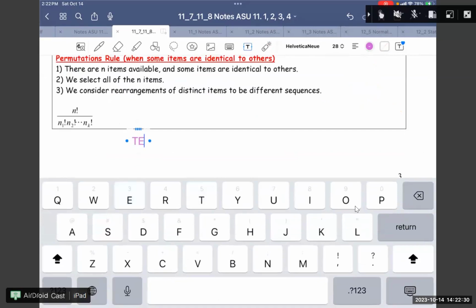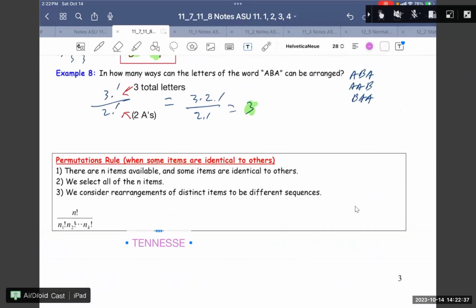Tennessee. So we have Tennessee, right? If it's Tennessee, I can rearrange it. So we can say 1, 2, 3, 4, 5, 6, 7, 8. So the total is 8.